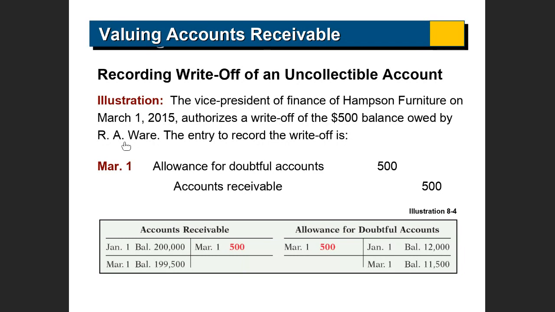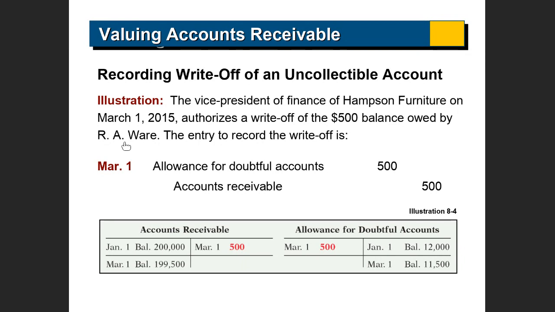Anybody understood what I said? So this method is okay, so that's okay to do. We did an estimation, and remember, moving the item between allowance and accounts receivable does not change the net realizable value.